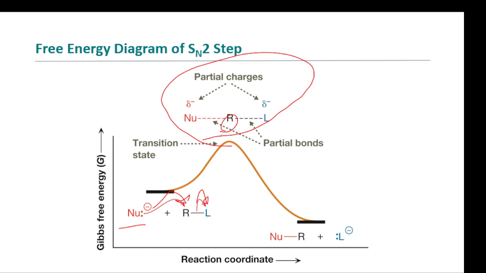And this is that very high energy state. Now, could this leaving group stay on and the nucleophile pop off? Is that possible? Oh, yeah. Yeah, you can go both ways. In which case you get no difference, right? Nothing changes. Okay? And keep in mind, whenever we do reactions and we talk about these things, that stuff happens all the time. Reactions go back and forth on these energy diagrams.